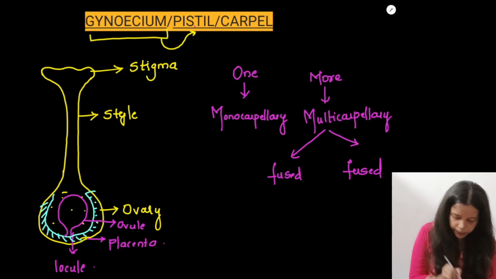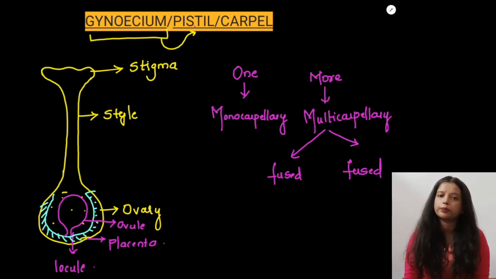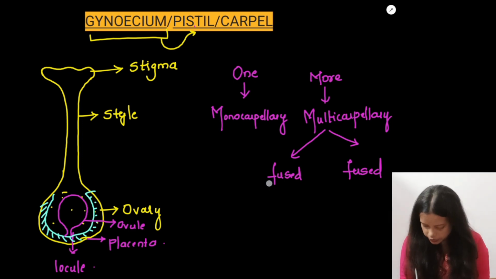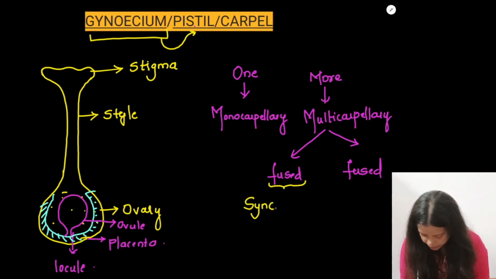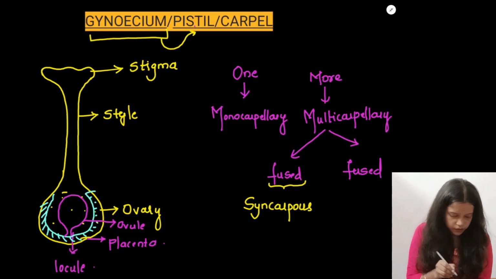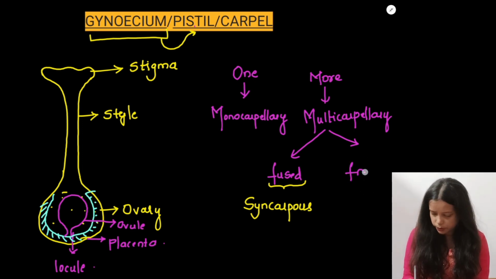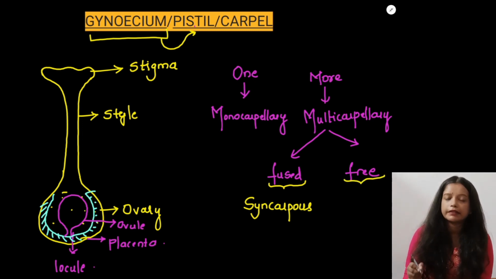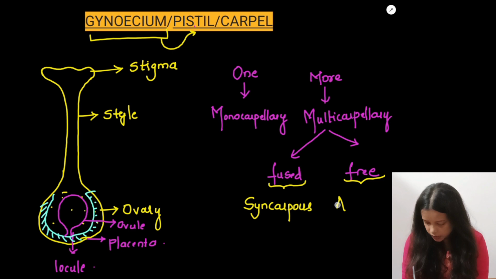If there is presence of fused carpels, then the condition is known as syncarpous. If the carpels are free, then in that condition it is known as apocarpous.